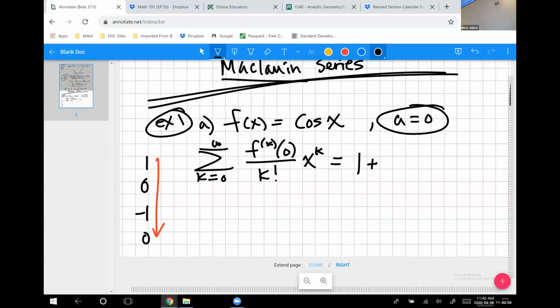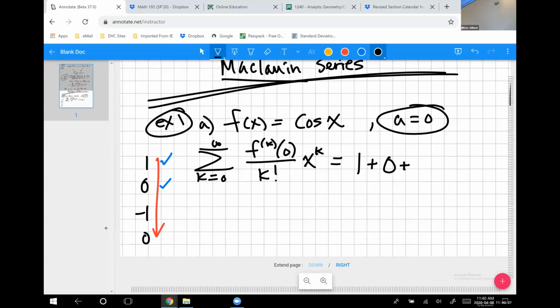So I'm going to try to check these off. So that's this one. Now when I take the first derivative of cosine, I get minus sine. Then when I plug in a 0, I get a 0. That's the second term there. So this whole coefficient is a 0, and so I get a 0 in my next term.